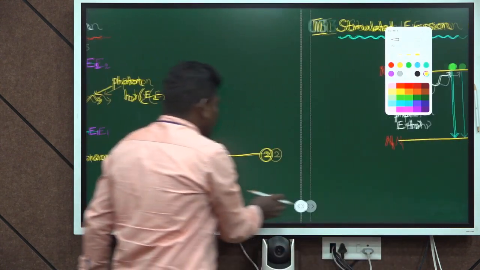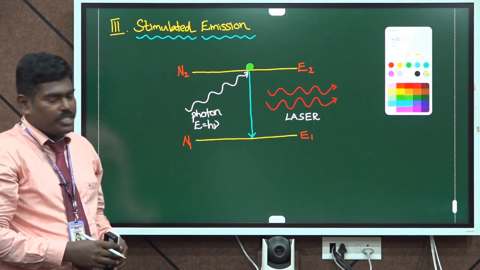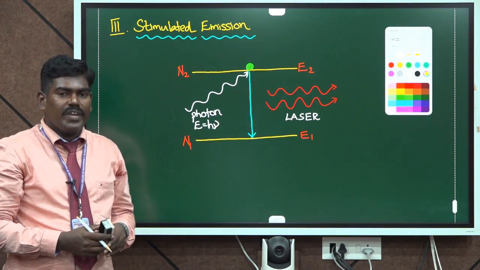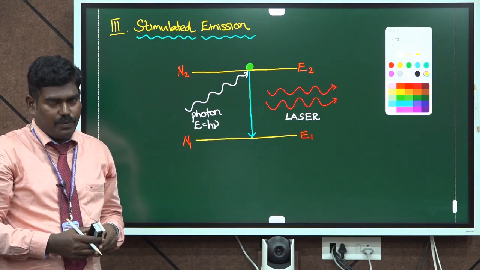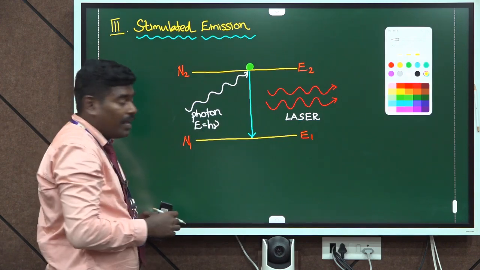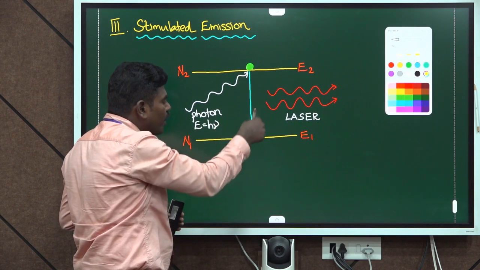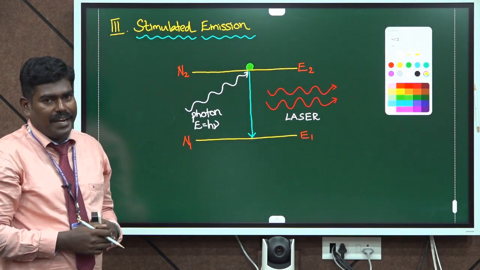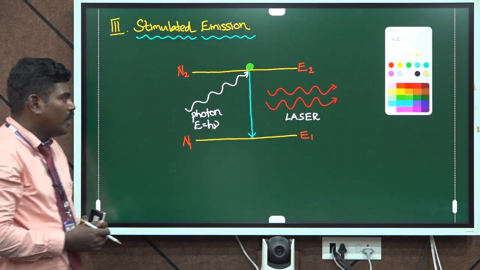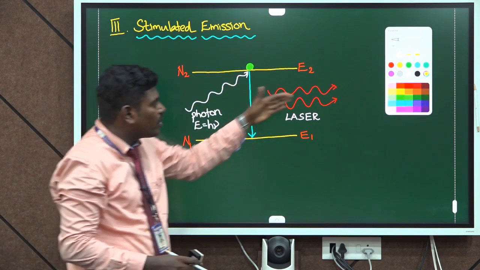The next process is a very important process, stimulated emission. We already mentioned that the lifetime of an excited state atom is 10 power minus 8 second. Within that duration, if another external photon strikes the excited state atom, it is forced to return to the ground state by emission of light radiation. That radiation has energy equal to the incident photon's energy. So during the transition from E2 to E1, two photons are emitted.